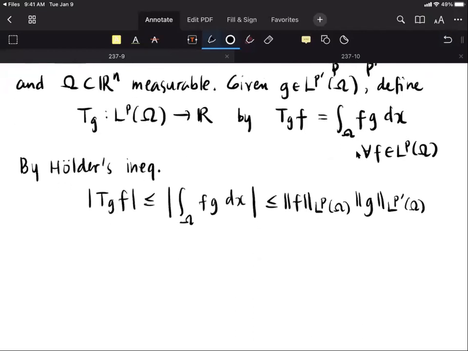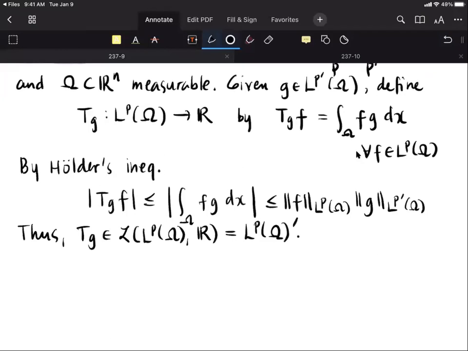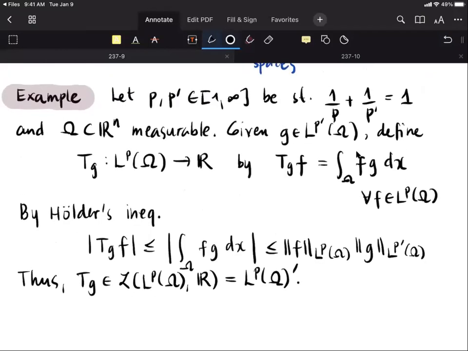And this implies that, according to the definition of a bounded linear operator, T sub g is a bounded linear operator from L^p of omega into R, which is, of course, by definition, the dual space of L^p. So that's L^p prime.